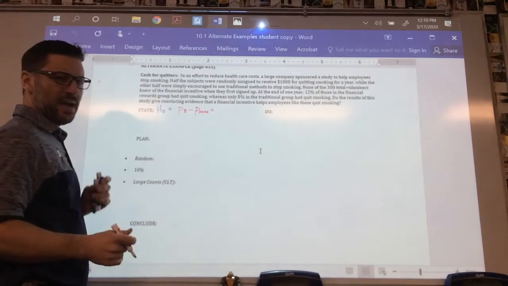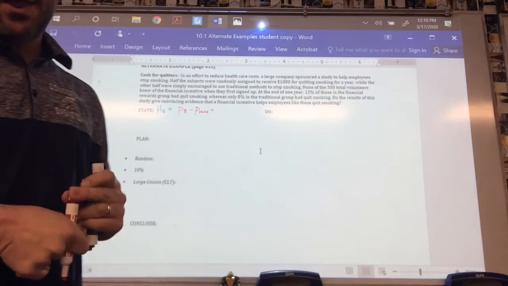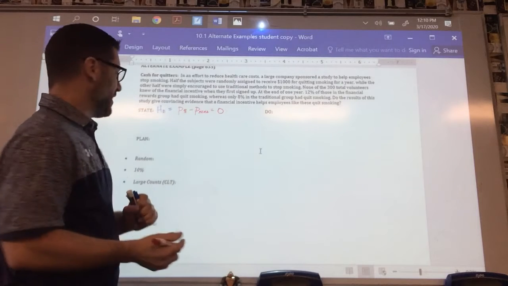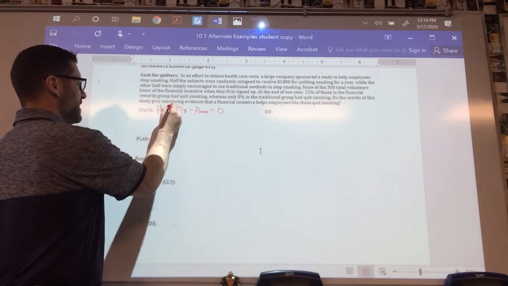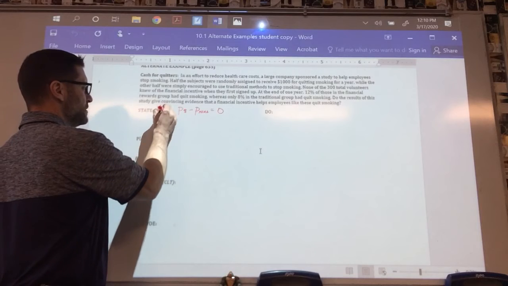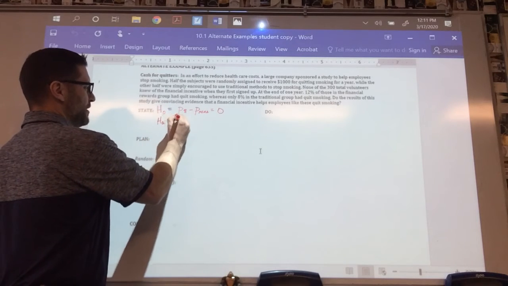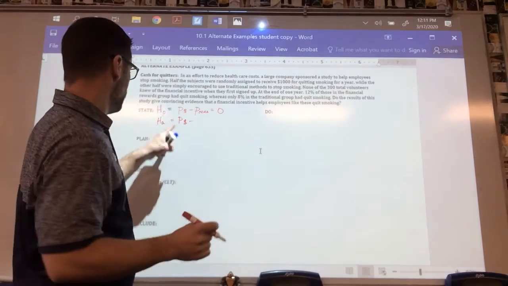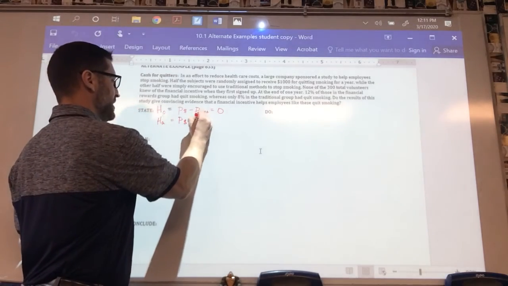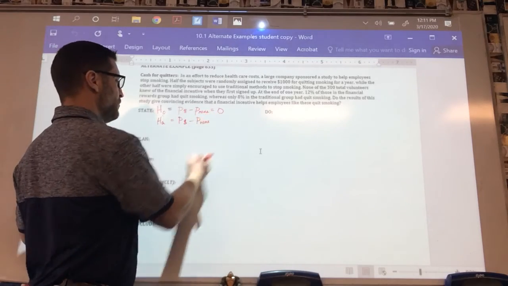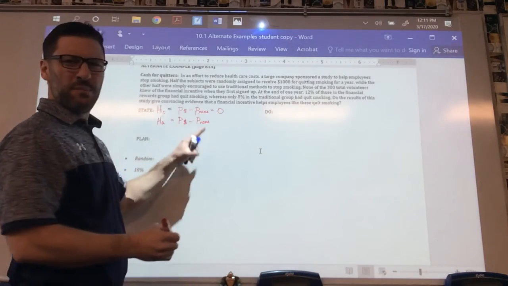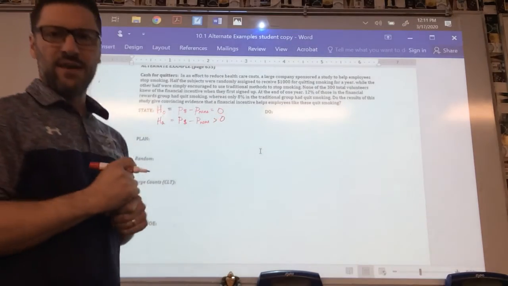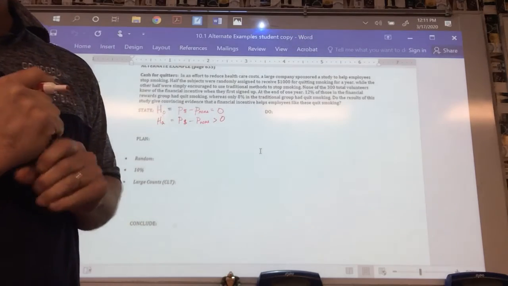My null hypothesis would be that there is no difference, that I get a 0. But my alternative hypothesis, what I think could possibly happen, is that if I subtract these two, P of $ minus P of none, well, that one I think is going to be bigger than that one. So I think I should have a greater than 0 right there. That would be where I would start.